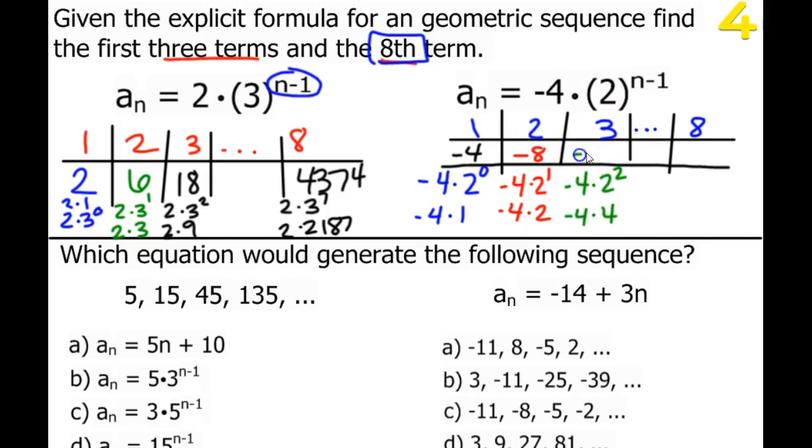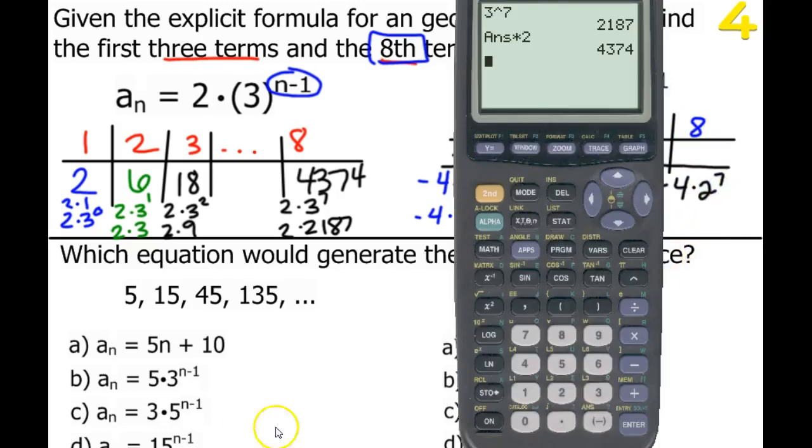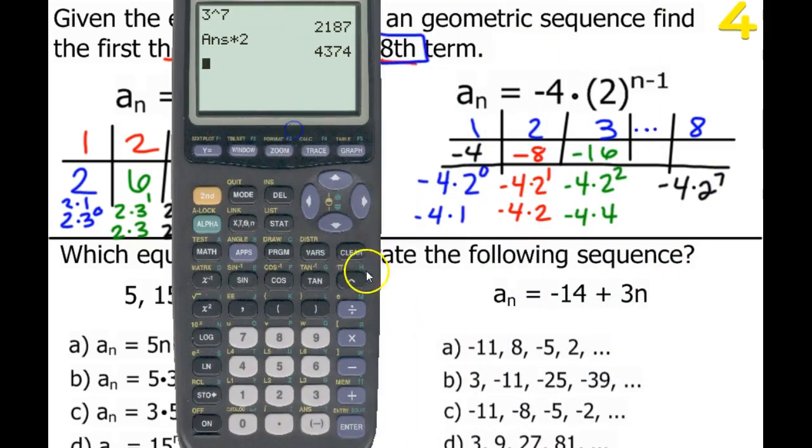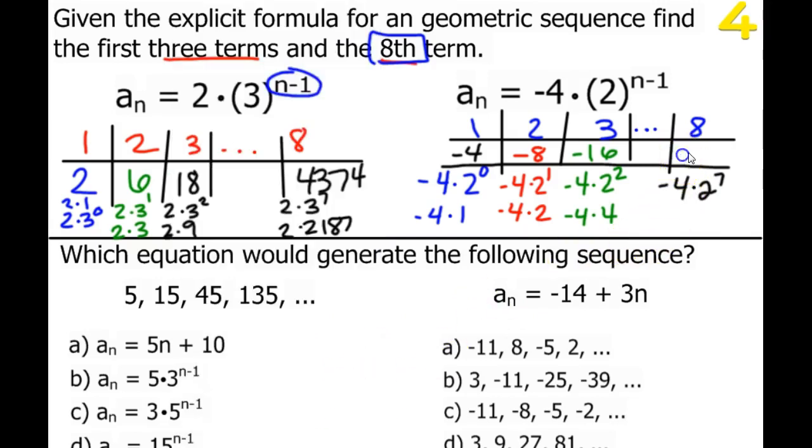So negative 4 times 4 is negative 16. And then last, plugging in an 8, negative 4 times 2 to the power of 8 minus 1 is 7. Well, 2 to the power of 7 gives me 128, but then multiply by negative 4, we get negative 512.